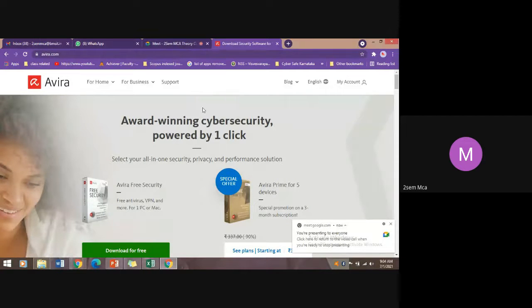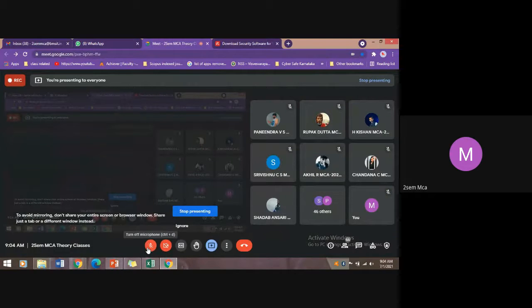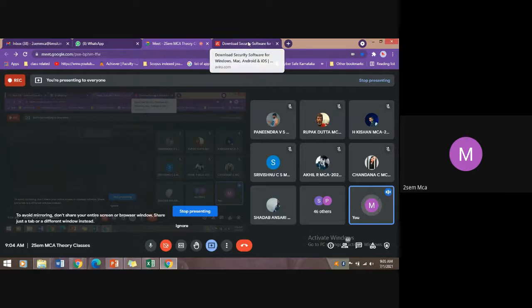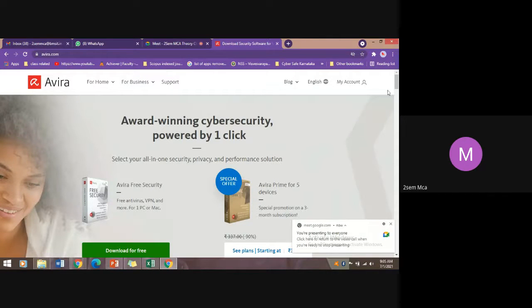Avira is another anti-malware, anti-phishing, antivirus software, which is helpful.